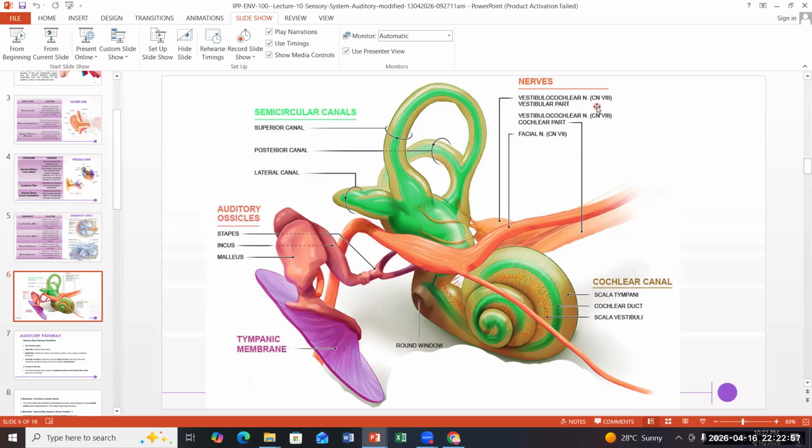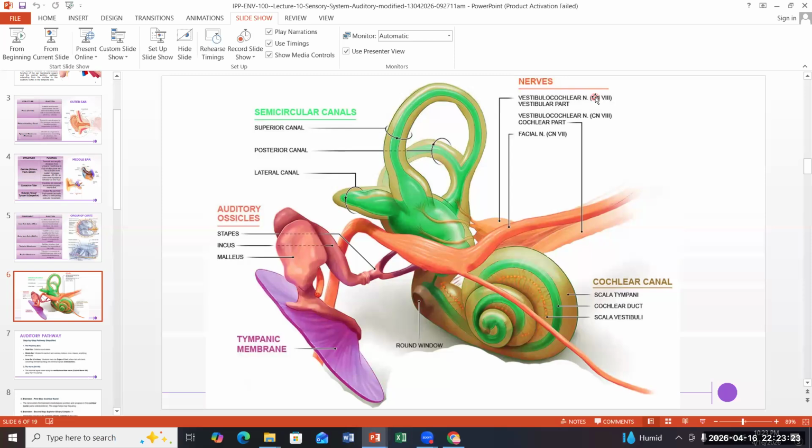CN refers to cranial nerve. Our nervous system is divided into two parts: cranial nerves and spinal nerves. All the nerves arising from the human head region are cranial nerves. And nerve number 8 is responsible for transferring the electrical impulse from the ear to the brain.